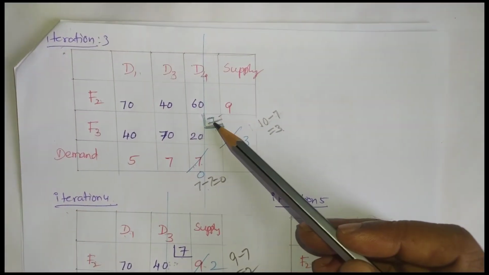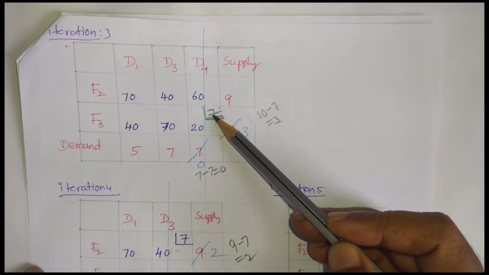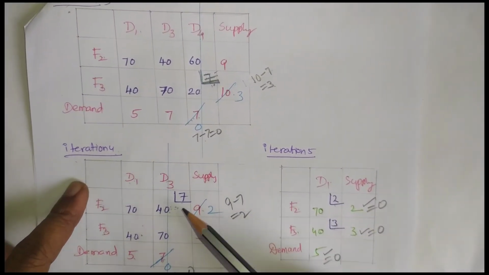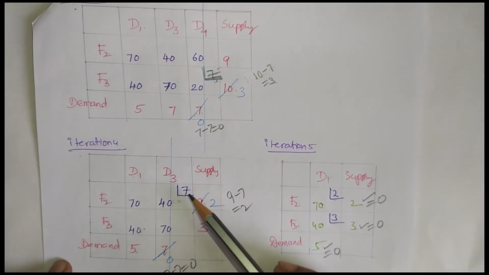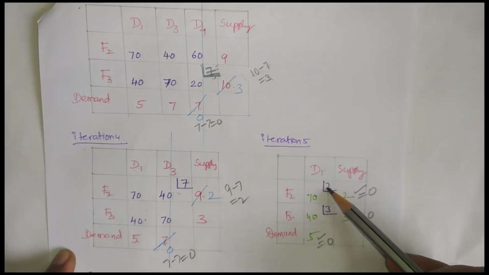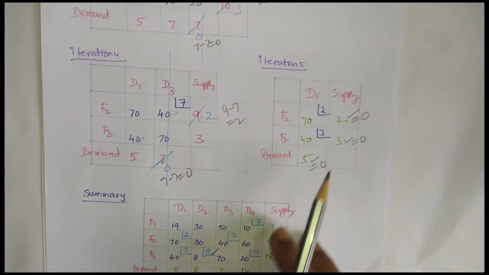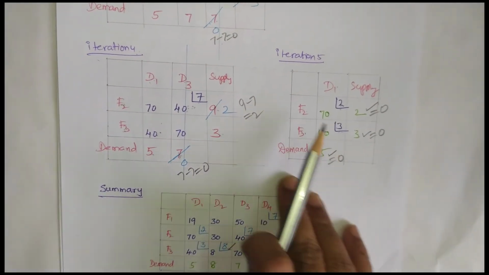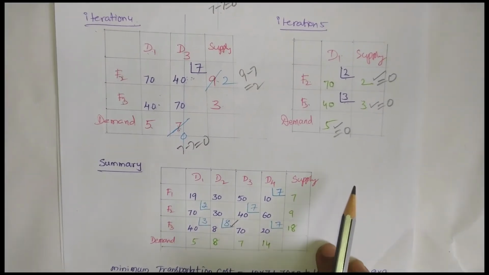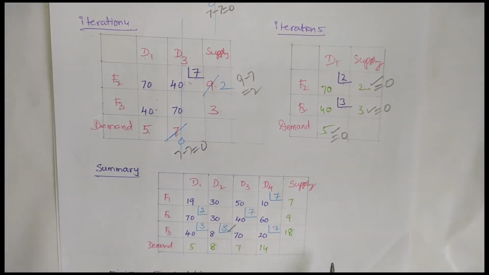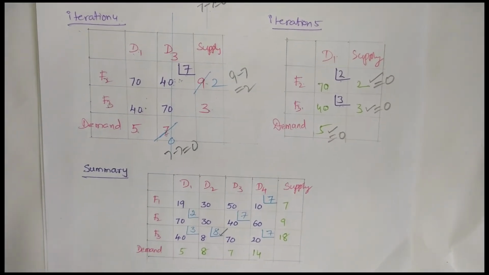Iteration 3, 7 units are allocated, and iteration 4, 7 units are allocated. Iteration 5, 2 units and 3 units are allocated. So these allocations are shown in the original table. From this table we have to calculate the minimum transportation cost.